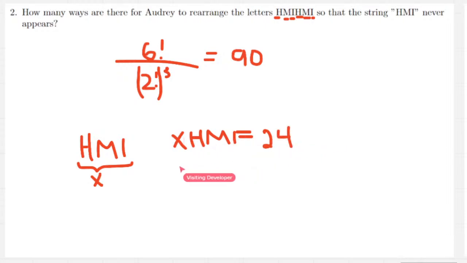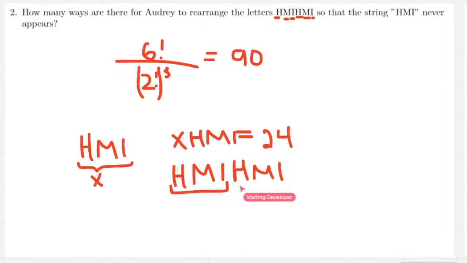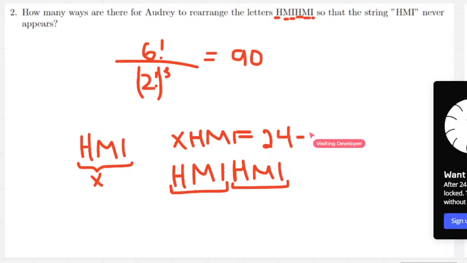to rearrange the string. However, this does overcount one case since it is possible to have XHMI and HMIX as possible rearrangements, and this is accounted for twice when we have this HMI as X and this HMI as X. So therefore, we want to subtract 1 to account for this overcounting.